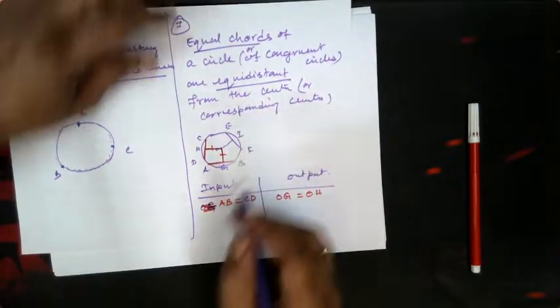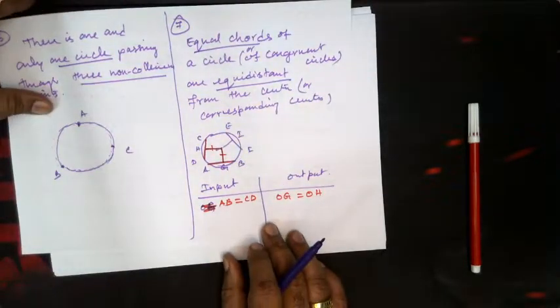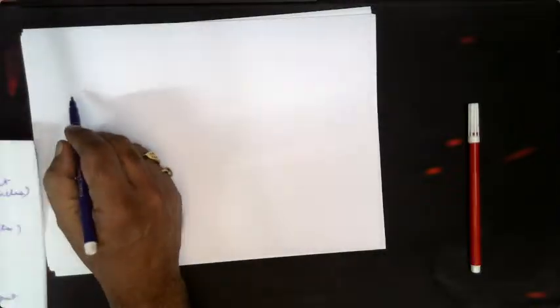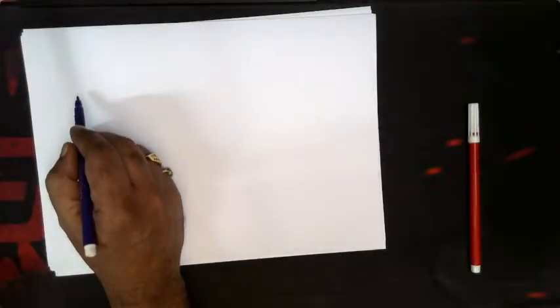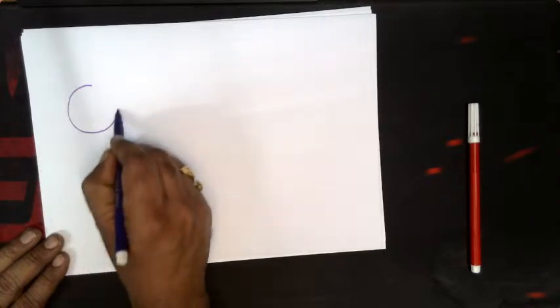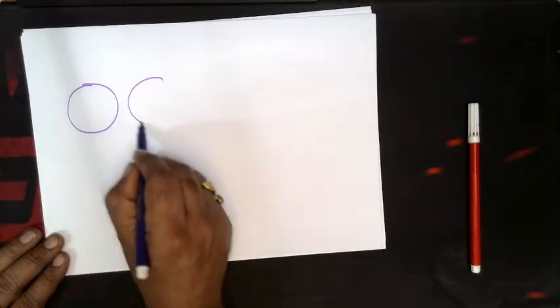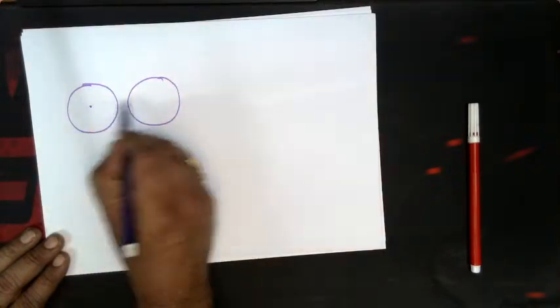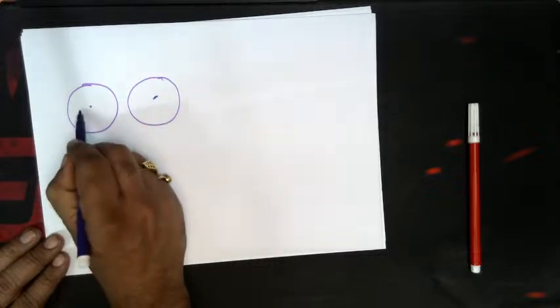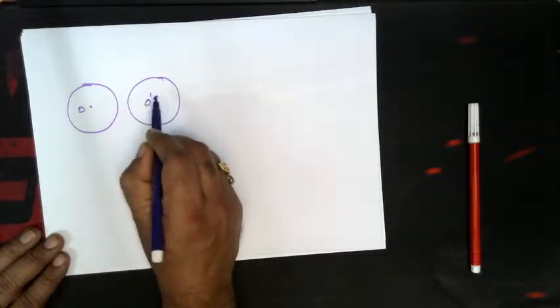And this is applicable in the case of two different circles, but they are of the same parameters. Let me draw the congruent circles. Congruent circles, you know very well, have equal radius. So these are the two circles and their corresponding centers, O and O dash.